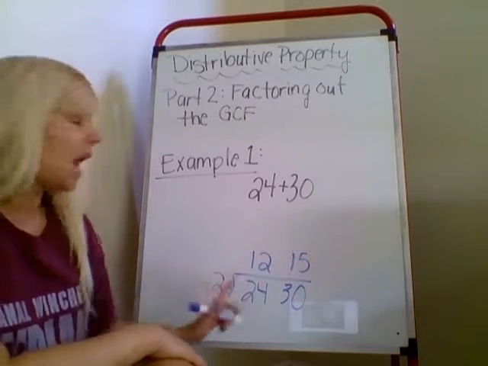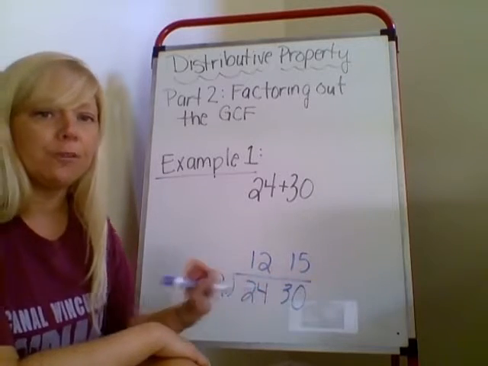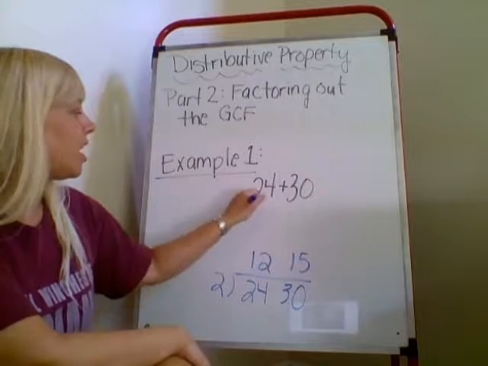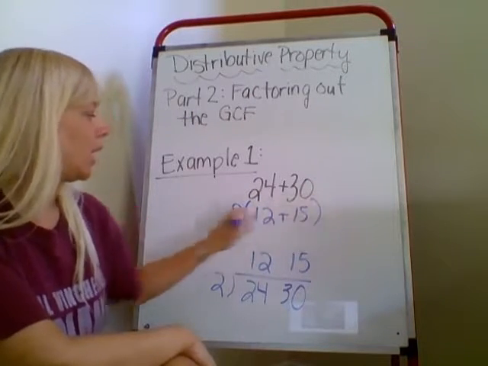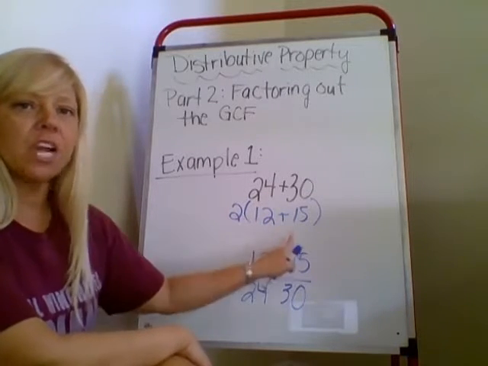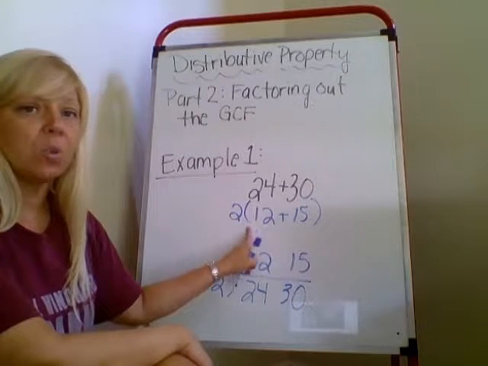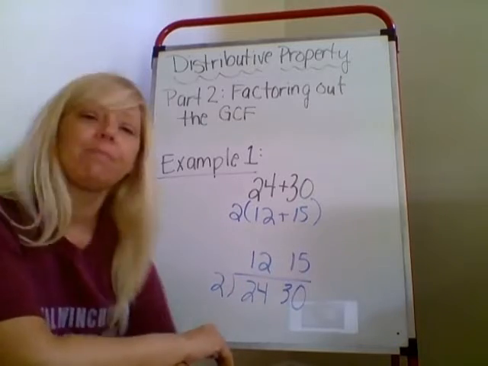So this means I have 2 groups of 12 and 15. 2 times 12 is 24, and 2 times 15 is 30. So 2 groups of 12 is 24, and 2 groups of 15 is 30. So that's an equivalent expression.